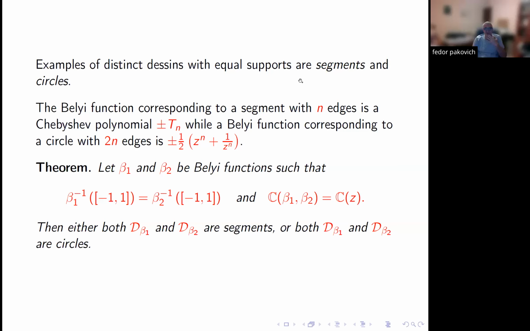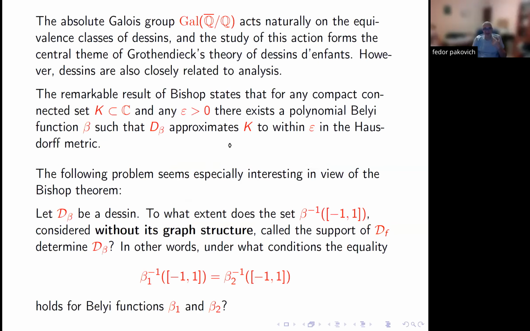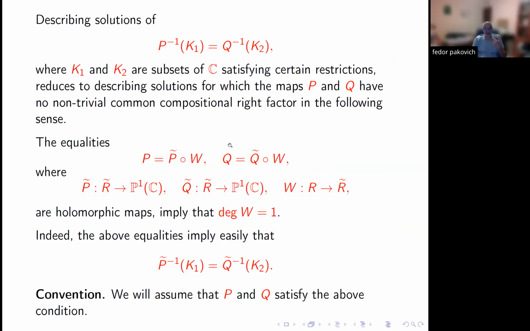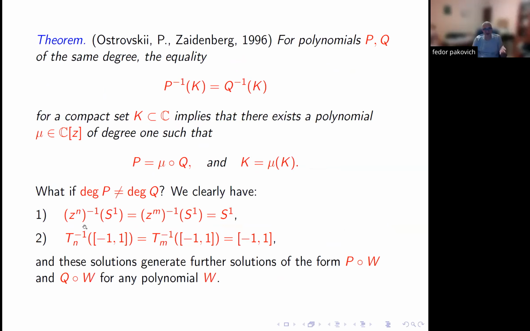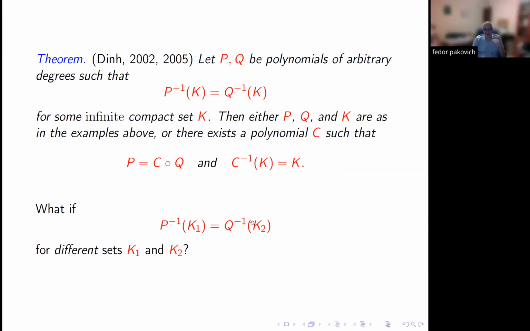Explicit examples of dessins like that are provided by segments and circles. Now, let me recall that the Belyi function corresponding to a segment is a Chebyshev polynomial. So, just to recall for you, if you don't remember, instead of the power, we will see something else.